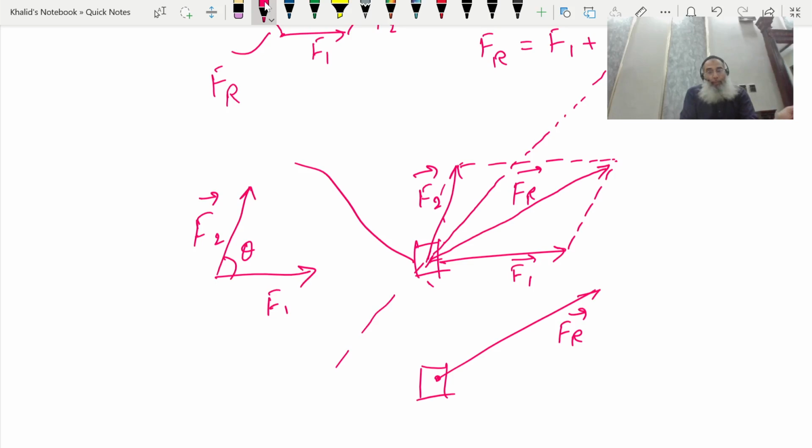Now, we can make this parallelogram or a triangle. A triangle too, just like that. F1, F2, the third side of the triangle is the result.